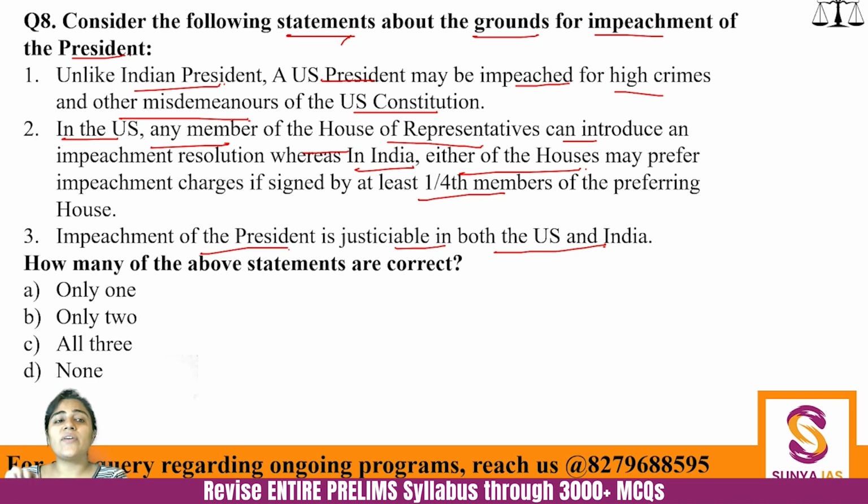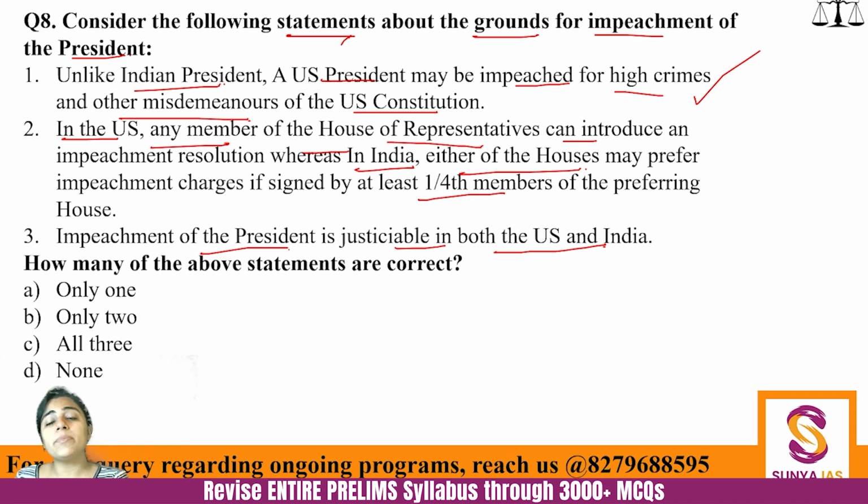See, first find out the absolutely correct or absolutely incorrect statements. We know the first statement is correct, that US president can be impeached for high crimes, for treason, for other misdemeanors. So this is correct.